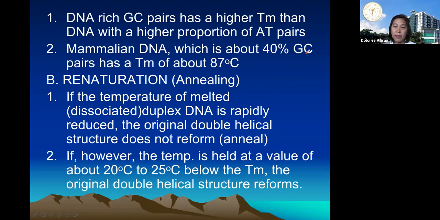But if you lower it by 20 to 25 degrees below the Tm, so for example, 87 is the Tm value, you lower it by 20, 67 na lang, then the original double helical structure reforms. Okay, so first you need to know the Tm and then lower it by 20 to 25 degrees centigrade in order to have the single-stranded DNA renature.